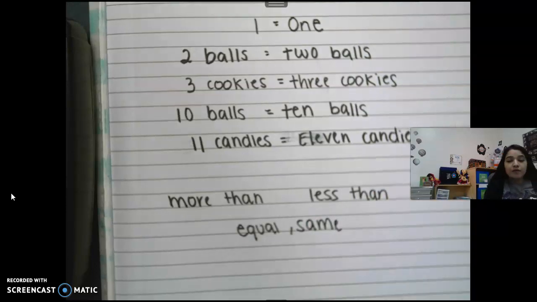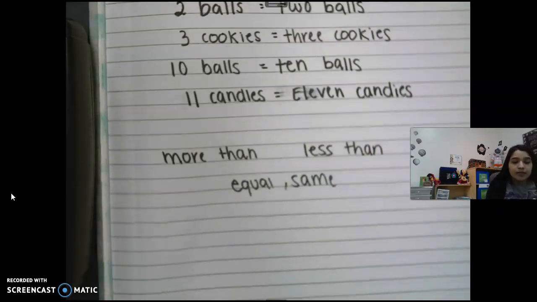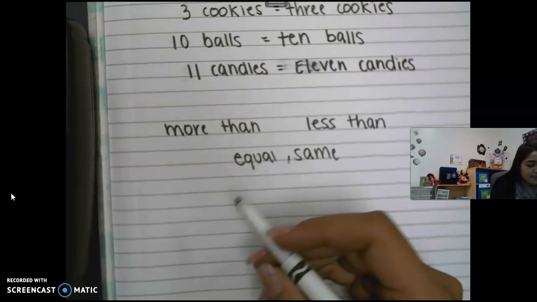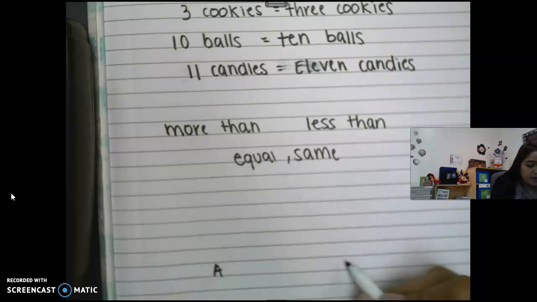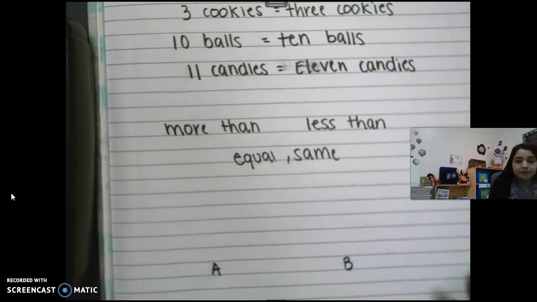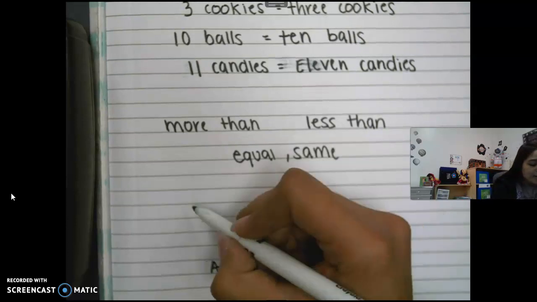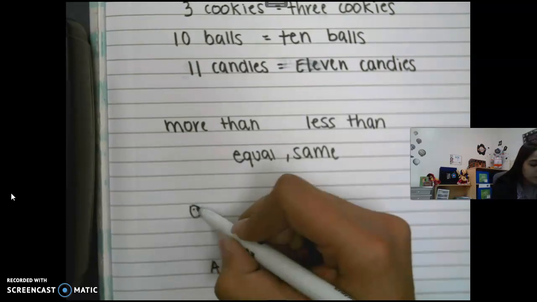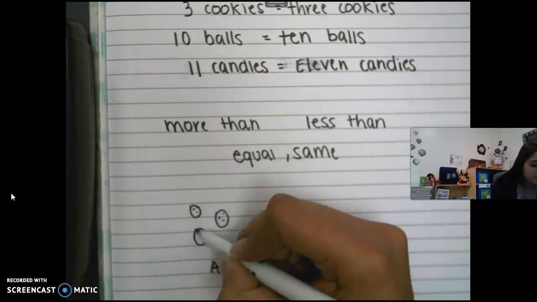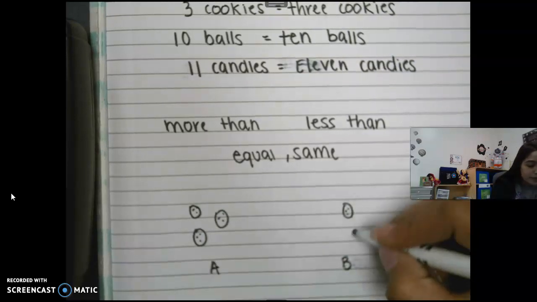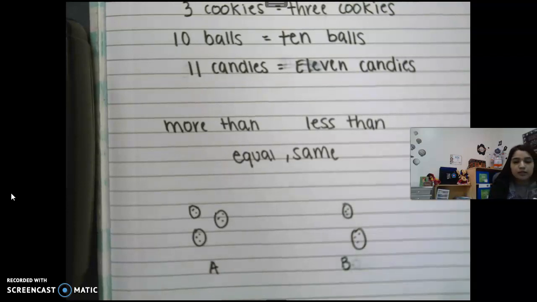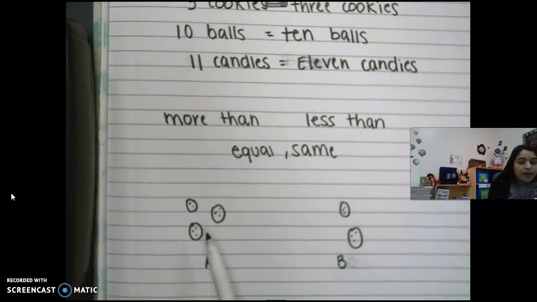So if I have 2 groups, let's just say I have group A and group B, and let's say I gave them each some cookies. So group A has 3 cookies and group B has 2 cookies.